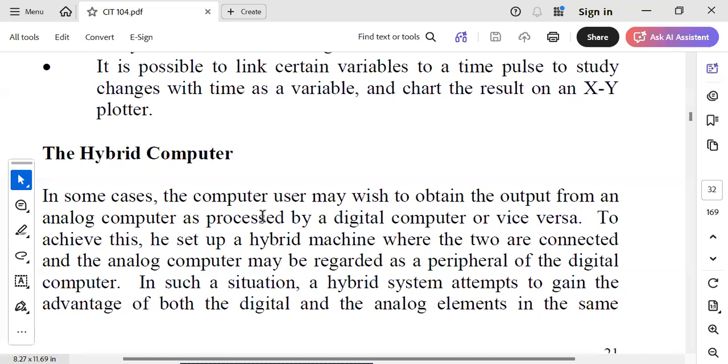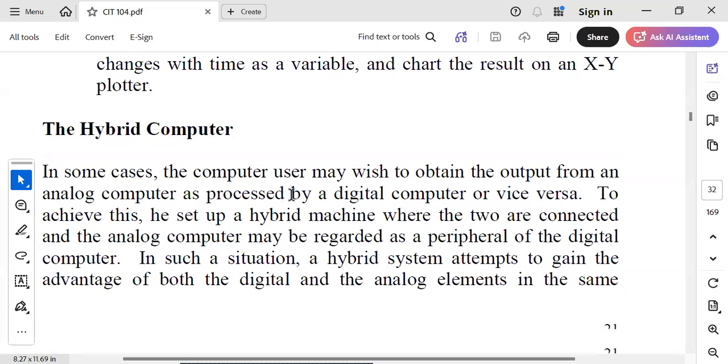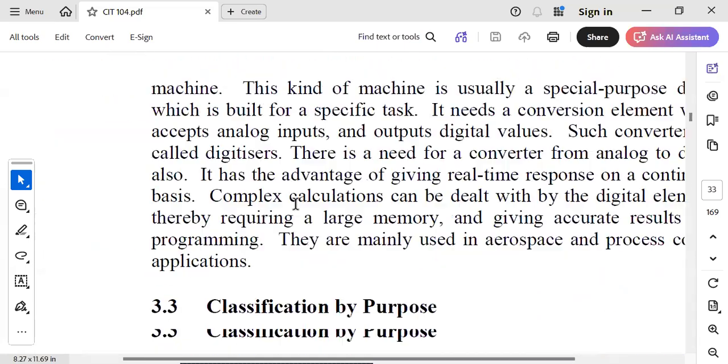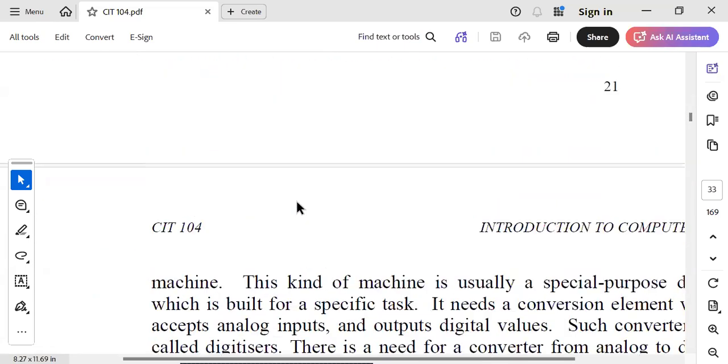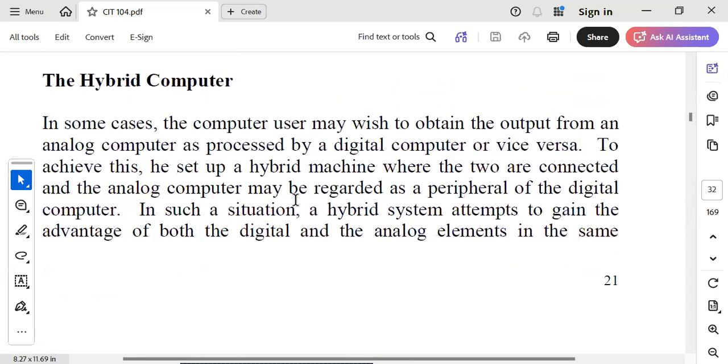Then I will go with Agbola Oludayo Damilola. You read on hybrid computers. Let's see how long. It's very short. It's not that long. You read on hybrid computers. Agbola Oludayo Damilola, are you there?